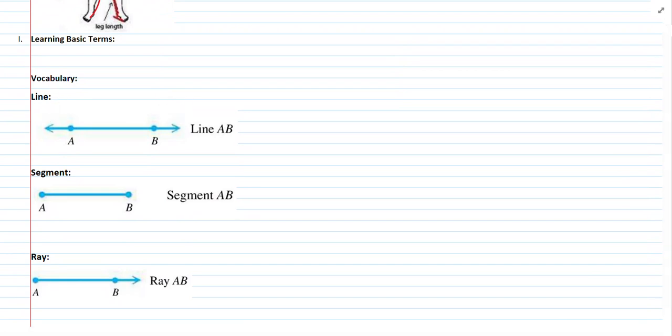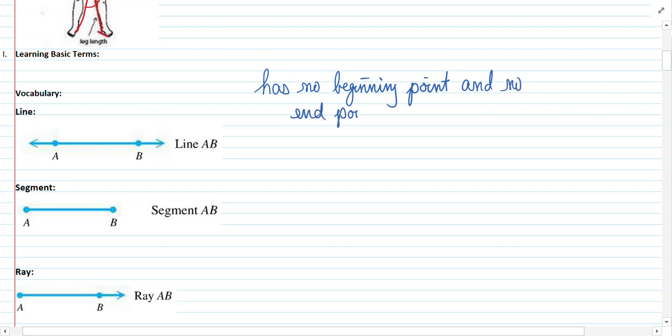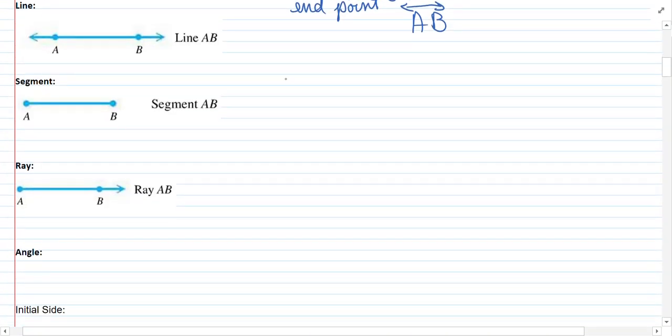line. A line has no beginning and no end point. It is denoted by some name, and above it you'll see a line with two arrows. A segment is different.